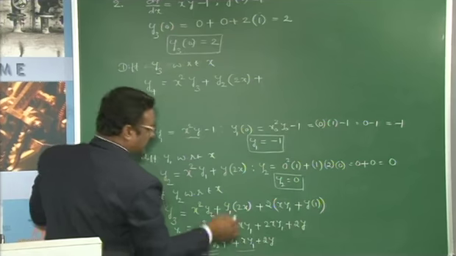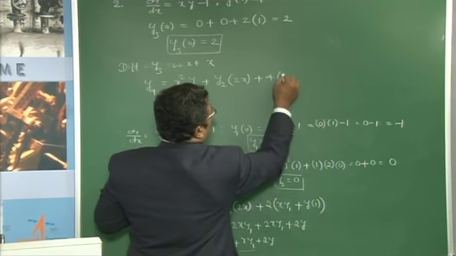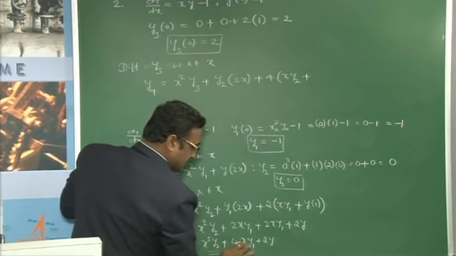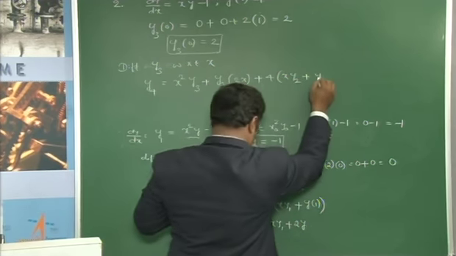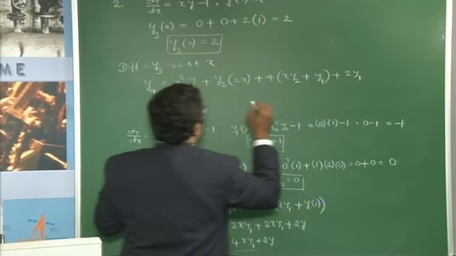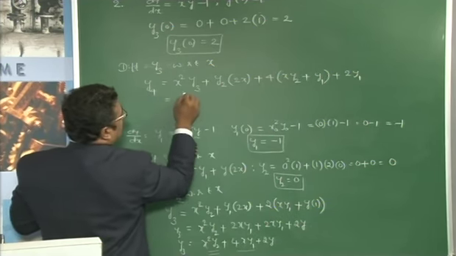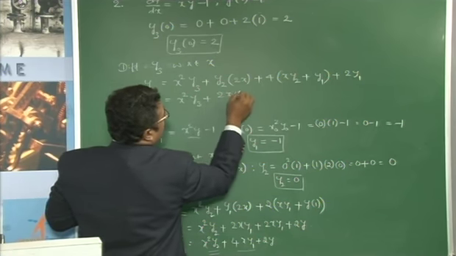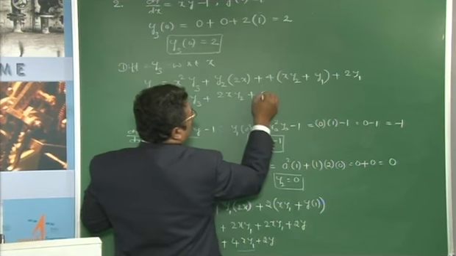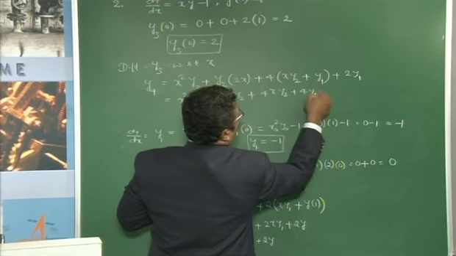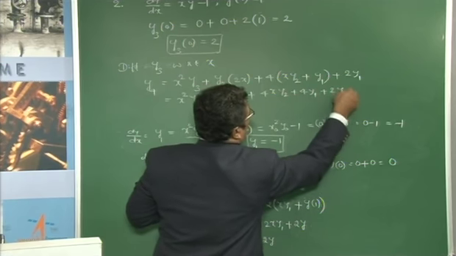Again I have to apply the product rule here, 4 times first into second plus first into second, then second into first, y1, plus 2y1. Now simplifying, x square y3 plus 2x y2 plus 4x y2 plus 4y1 plus 2y1.